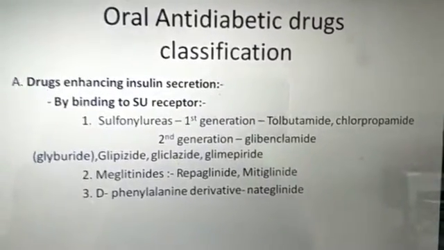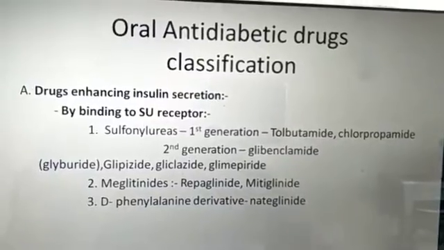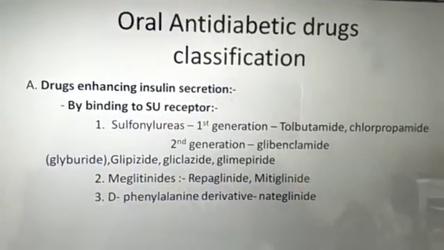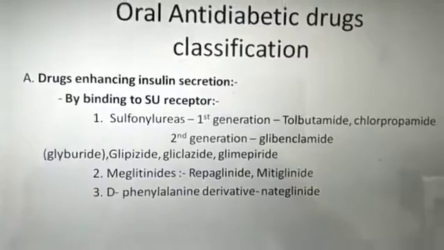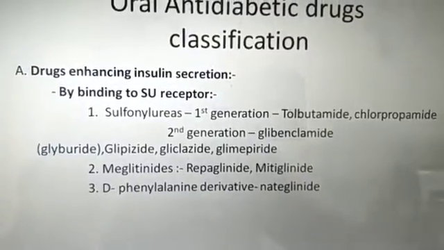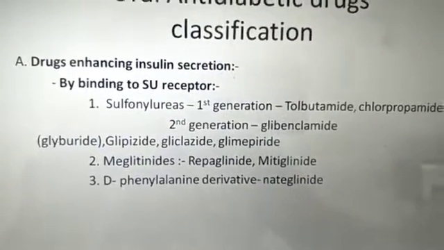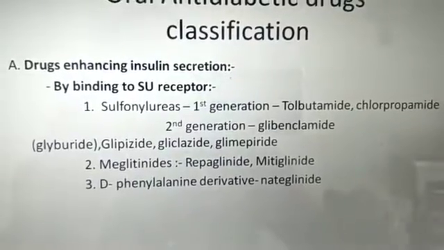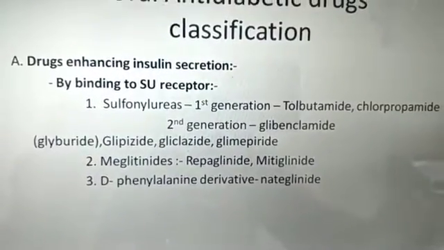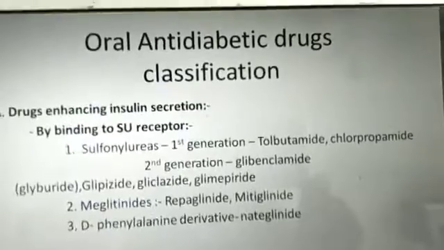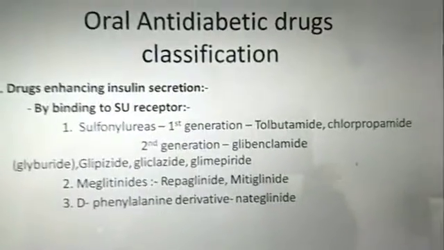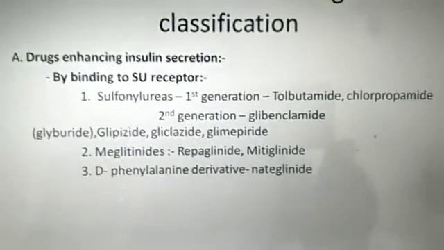These are divided into four basic groups: those which enhance the secretion of insulin. Diabetes is insulin deficiency, so there are drugs which can increase the insulin secretion from the beta cells of the pancreas. Remember, oral anti-diabetic drugs have no role in type 1 diabetes.